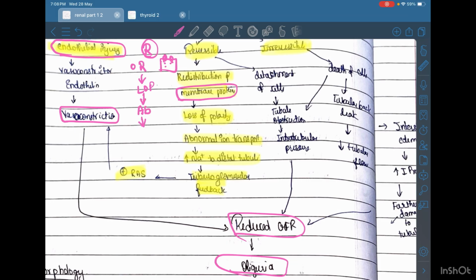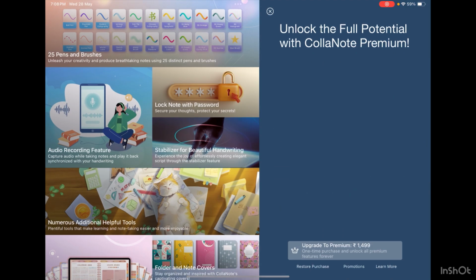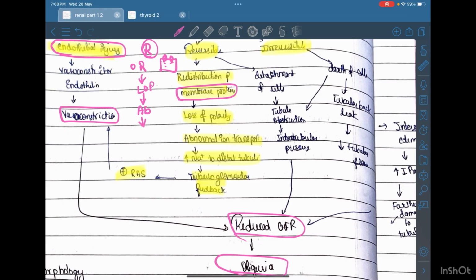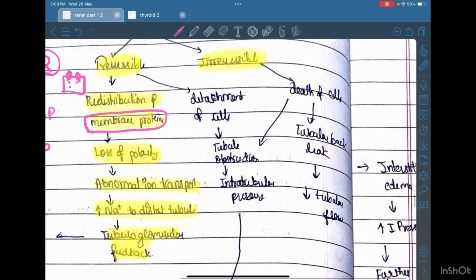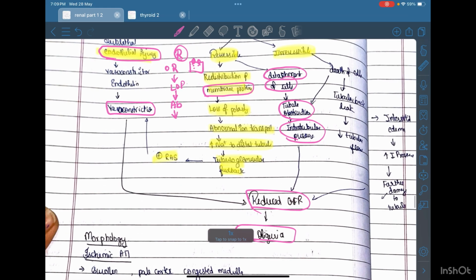This leads to increased sodium delivery to the distal tubule, which activates tubuloglomerular feedback, which stimulates the RAS. Then another thing, in this reversible injury, there can be detachment of cells, which causes tubular obstruction, which increases intratubular pressure. Definitely back pressure increases again and GFR decreases. So there will be detachment of cells leading to tubular obstruction and decreased GFR.